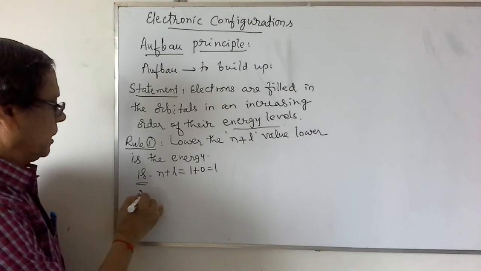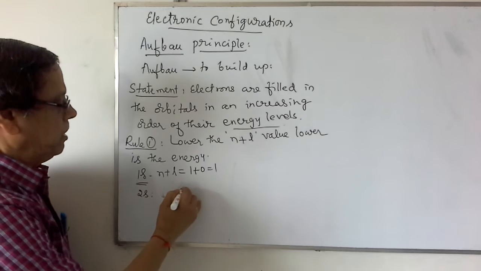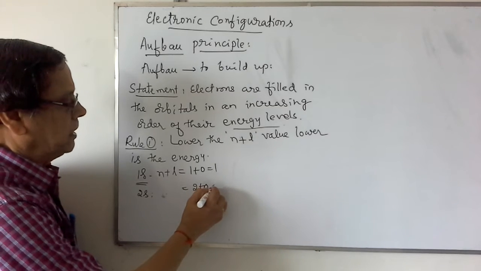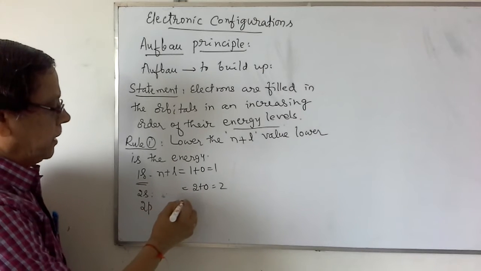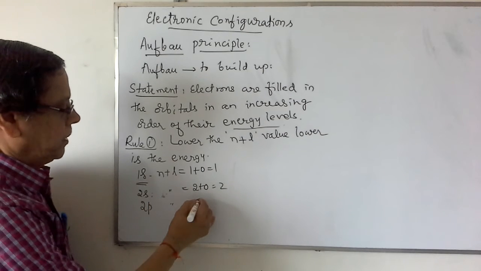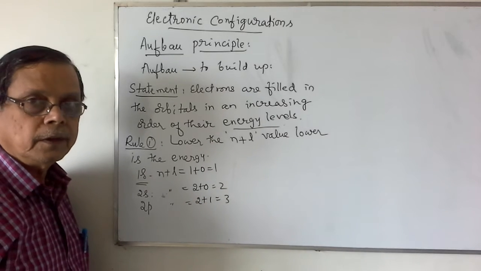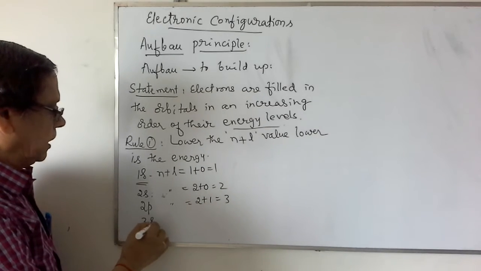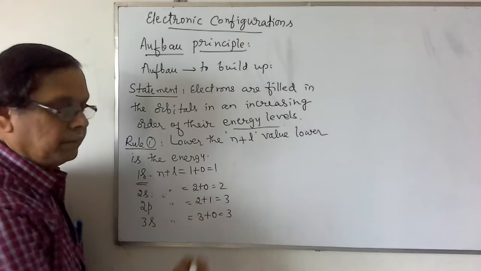For the 2s orbital, n plus L is 2 plus 0, equal to 2. For the 2p orbital, it is 2 plus 1, equal to 3. For the 3s orbital, it is 3 plus 0, equal to 3.